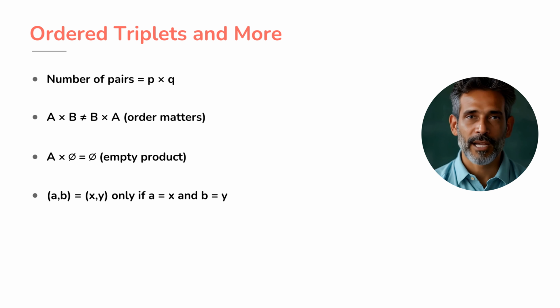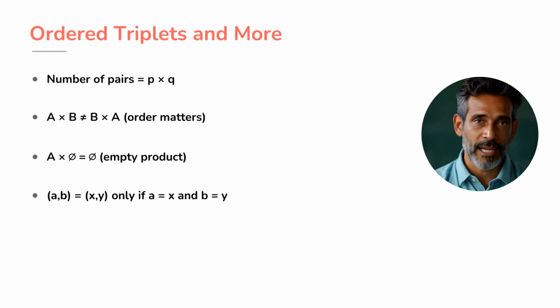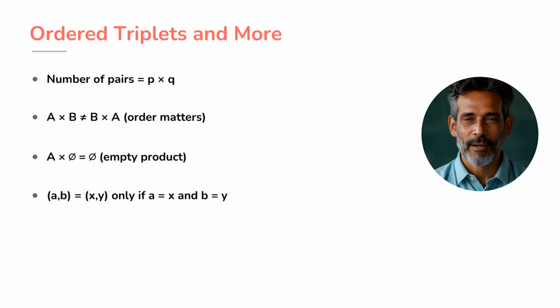Third, if you take the Cartesian product of any set A with the empty set, the result is also an empty set. That is, A multiplied by the empty set equals the empty set. No pair can be formed if one set has no elements. Finally, an ordered pair (a, b) is equal to another ordered pair (x, y) only if the first elements are equal, that is, a equals x, and the second elements are also equal, that is, b equals y.